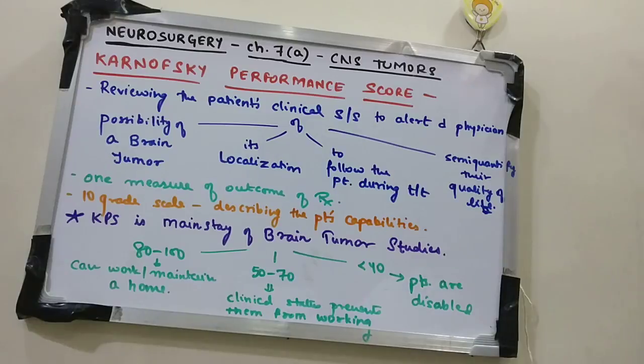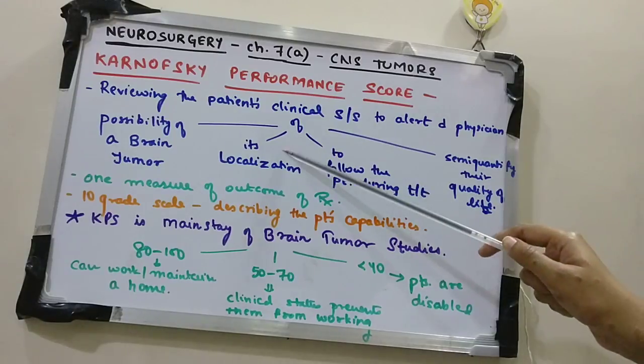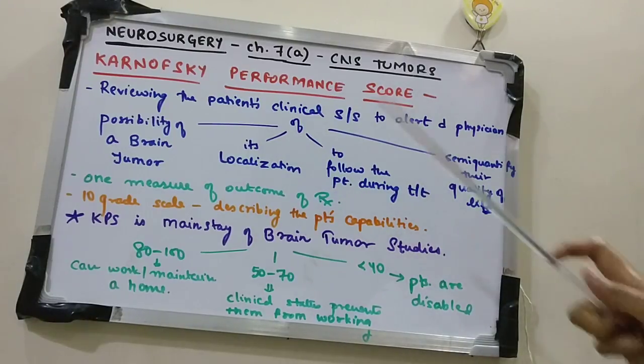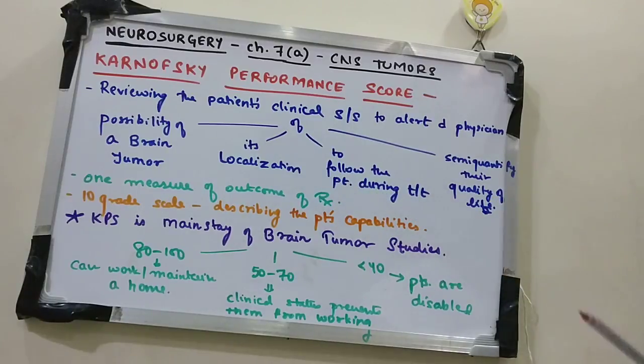Not only that, it also gives us a clue to the localization of the brain tumor, and the same clinical features may be used to follow the patient during treatment, and they may also be used to semi-quantify their quality of life post-treatment.